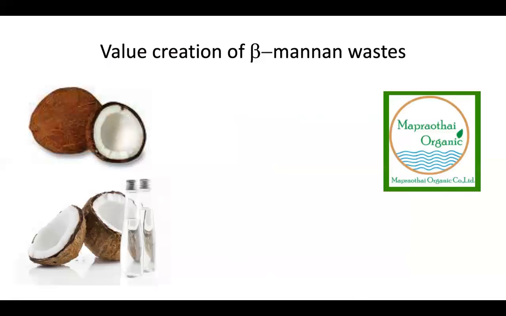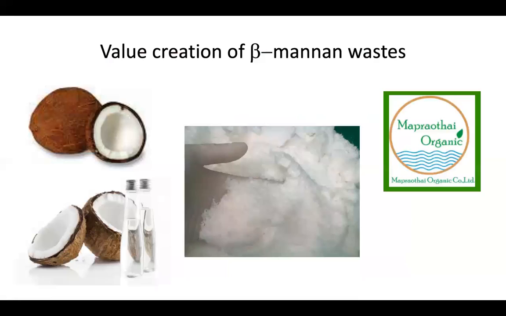And this we collaborate with a company called Maprao Thai, and Maprao means coconut in Thailand. So this company produces virgin coconut oil. So they have a lot of waste from the coconut meat after they squeeze out the oil, and it's still rich in mannan and it's pretty clean.